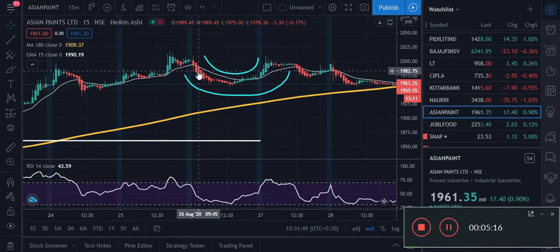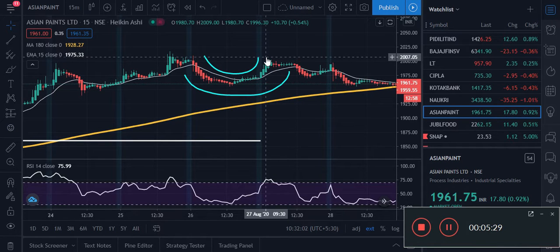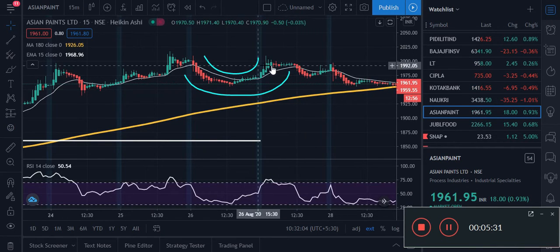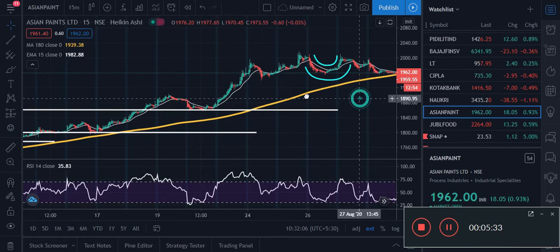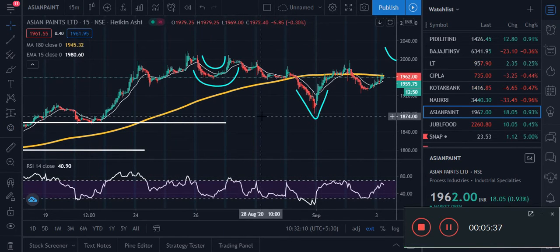The volume started increasing, then decreasing, and slowly started increasing, and now it shot up right after the exponential moving average, from 1969 all the way till 2007. That was the best example I could give you. I hadn't even thought of it, I just saw it and I'm telling you guys.